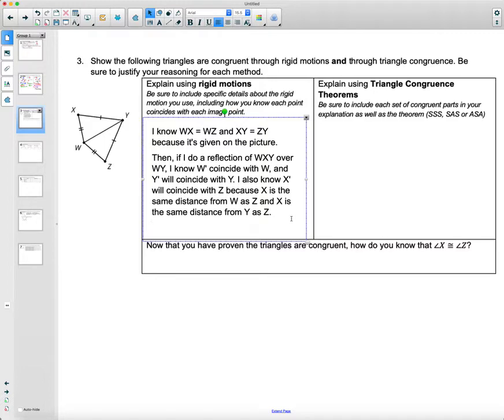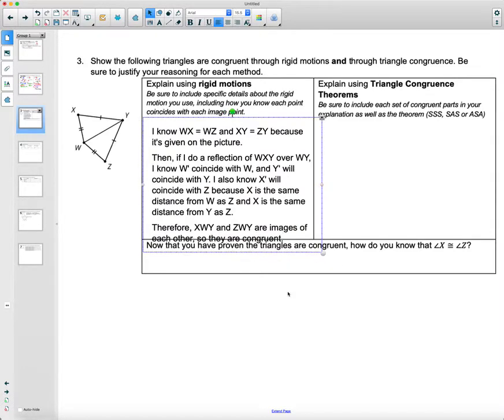And so therefore, XWY and ZWY are images of each other, so they are congruent. Okay, so that could be your rigid motion.